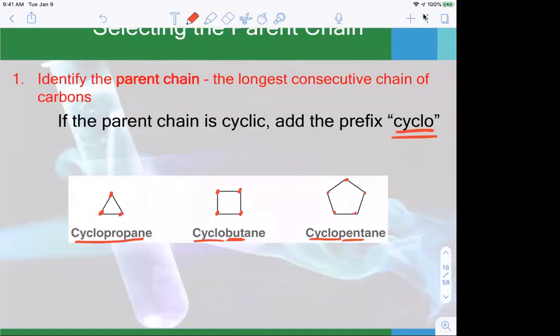These are called cycloalkanes, and that's the second part of this third chapter, looking at alkanes, which are open chain structures, and then cycloalkanes, which are cyclized structures.